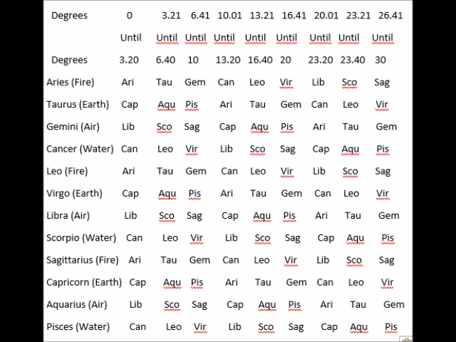So like I said, Navansha is nothing but a division of a Rashi or a zodiac sign into 9 parts, and looking at a zodiac sign based on the 9 divisions. That's why it is called Navamsa or D9 chart.